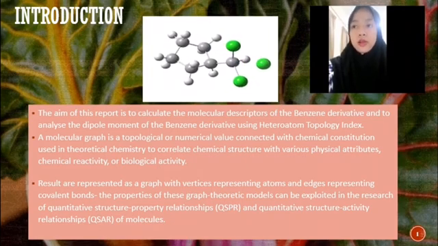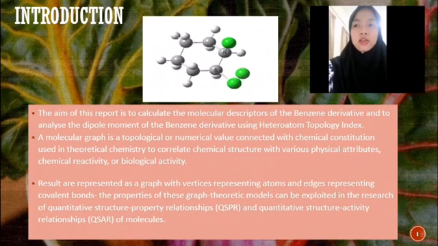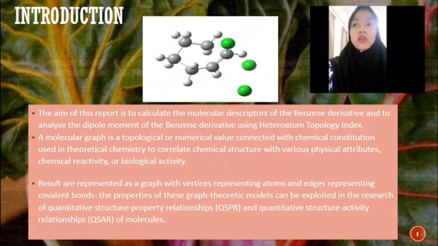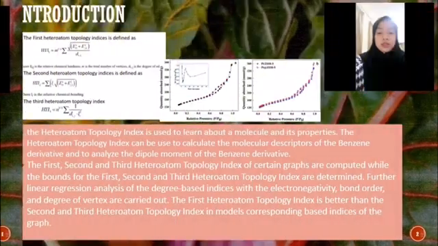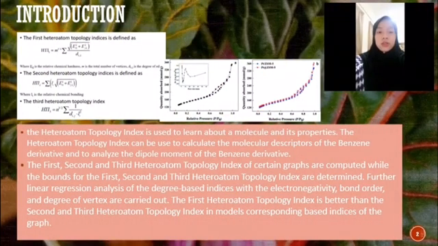Theoretic models can be exploited in the research of quantitative structure property relation and quantitative structure activity relationship molecules. By using heteroatom topology index, we can learn about the molecules and its properties and it is used to calculate molecular descriptors of benzene derivative. For this final result, we can find the first, second, and third heteroatom topology index of certain graph are computed while the bond for the first, second, and third heteroatom topology index are determined.